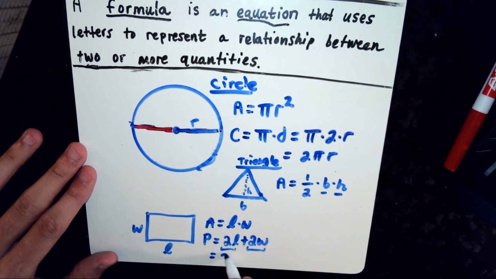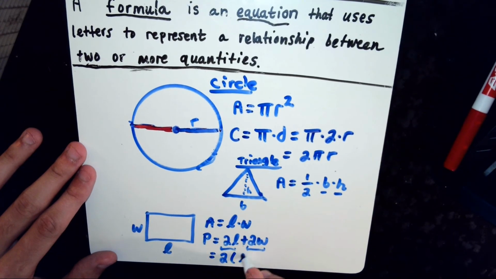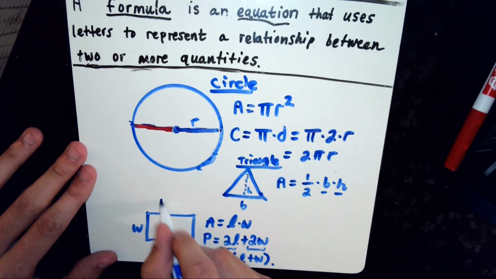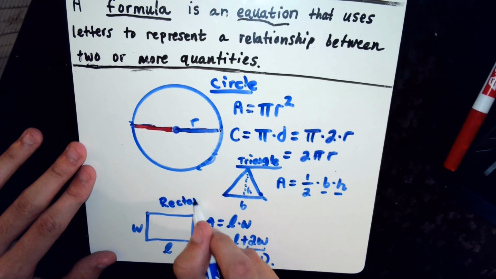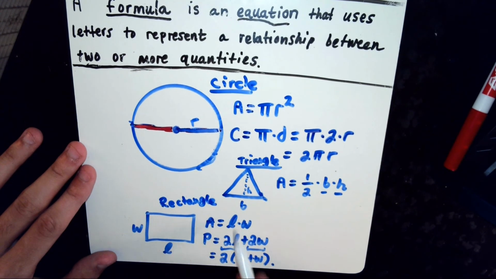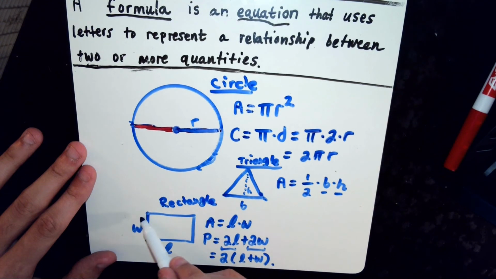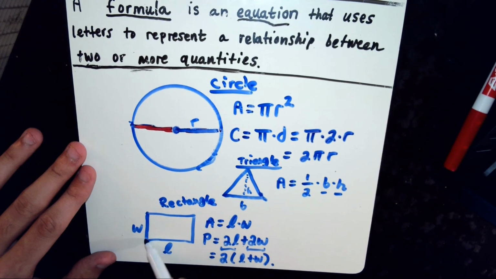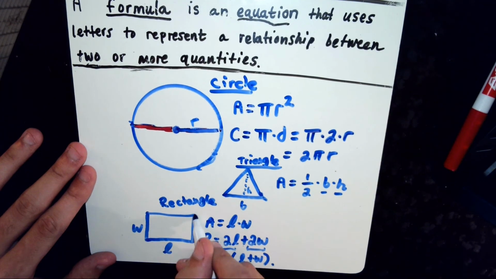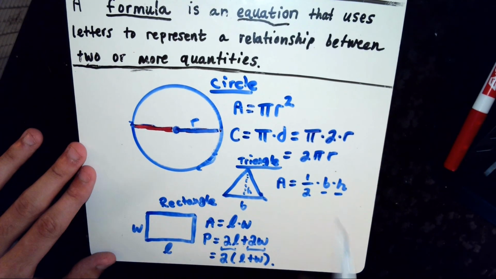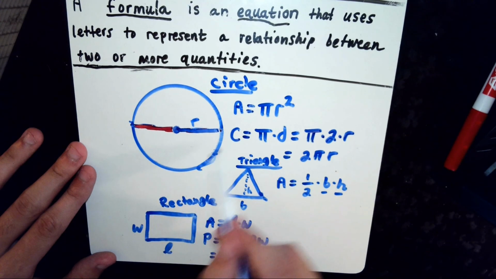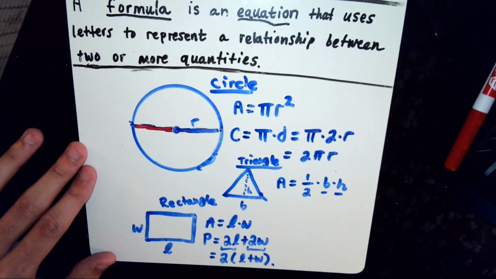So another way of writing this is 2 times (L plus W). Awesome. So this is for rectangles, and we have an area formula, and we have a perimeter formula. The perimeter is how much distance you travel as you go along the outside. And you can think of the circumference as like the perimeter of this circle.